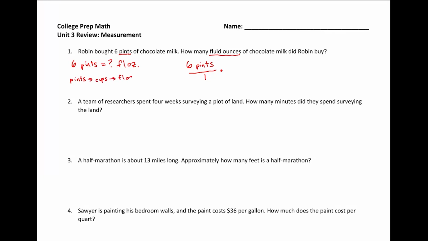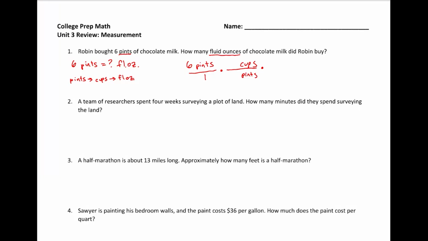We know from our conversion chart that there are 2 cups in 1 pint. As far as setting up this next fraction, you want to make sure that the pints cancel out. So I almost start with the units first, and then fill in the number afterwards. For pints to cups, you can find this conversion under the capacity section of your conversion chart.